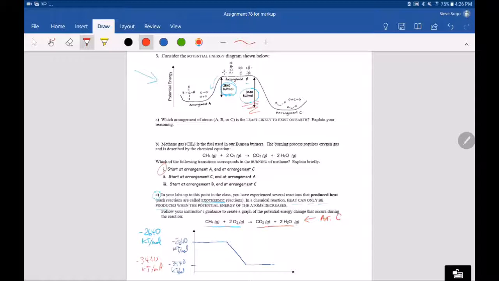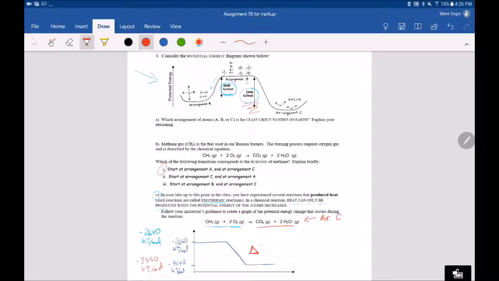Arrangement A has weaker bonds. Arrangement C has stronger bonds. Okay. That's the energy profile. We can express the change using the symbol delta, which looks like a triangle.